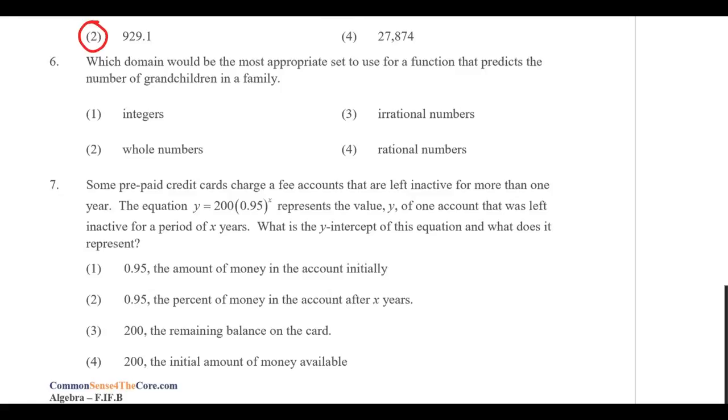For question number 6, it asks me the domain would be most appropriate to use for a function that predicts the number of grandchildren in a family. Number of grandchildren in my family, I cannot have decimals. So decimals eliminates irrational numbers and the rational numbers.